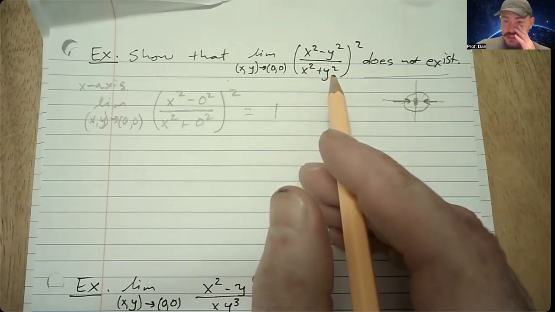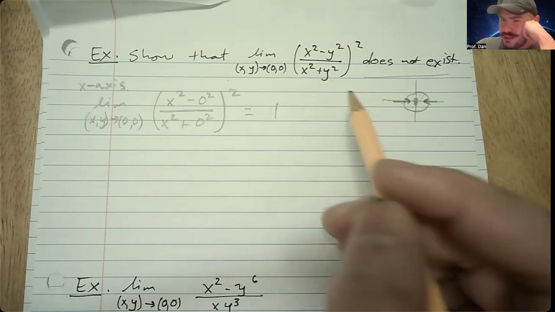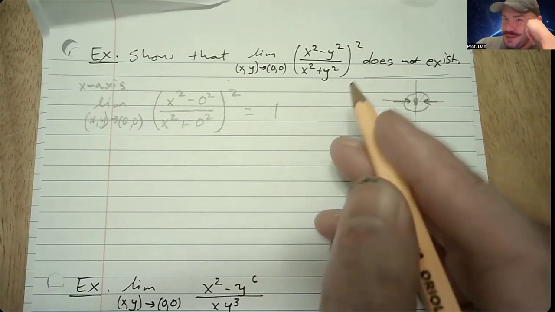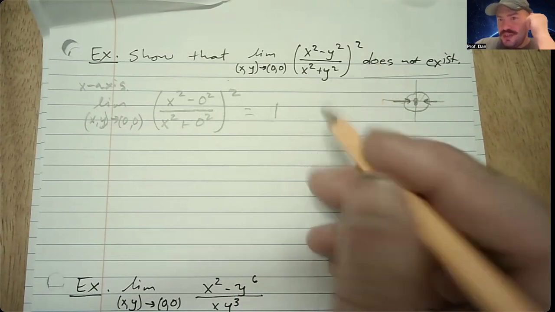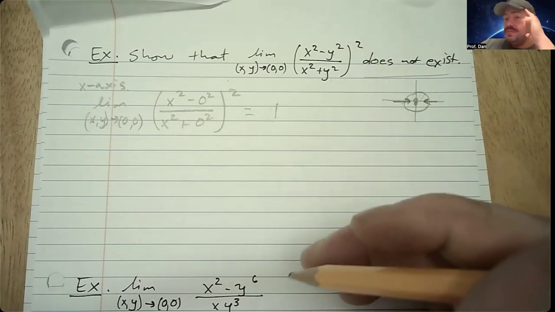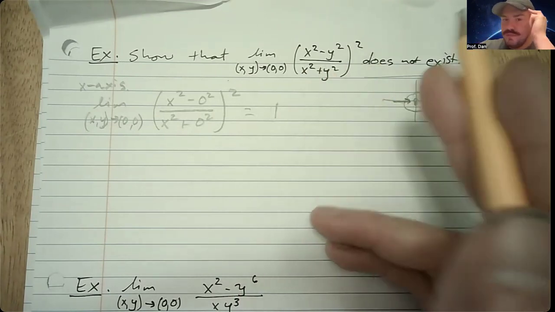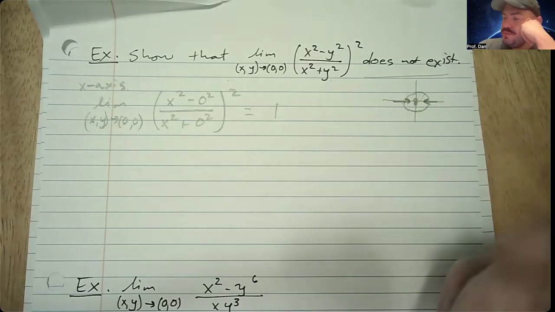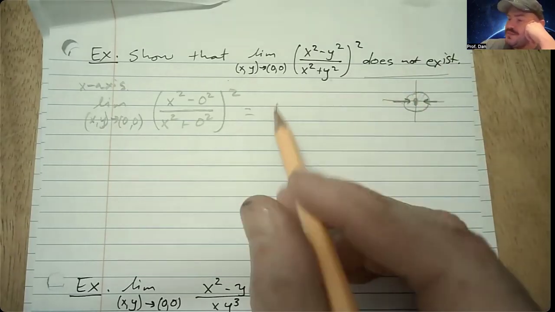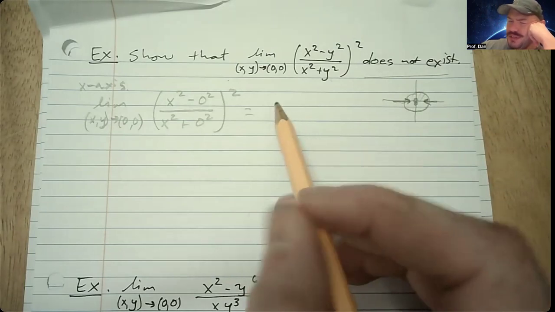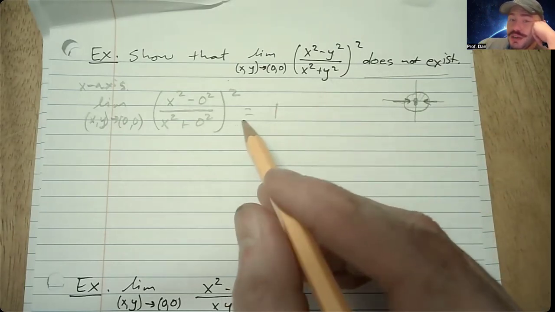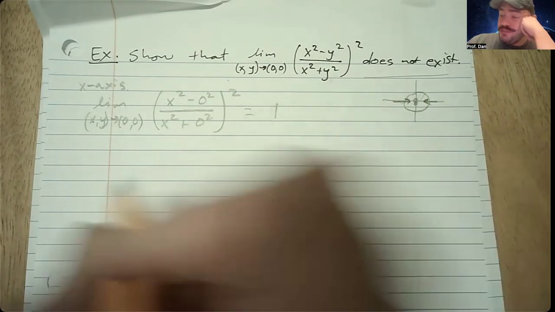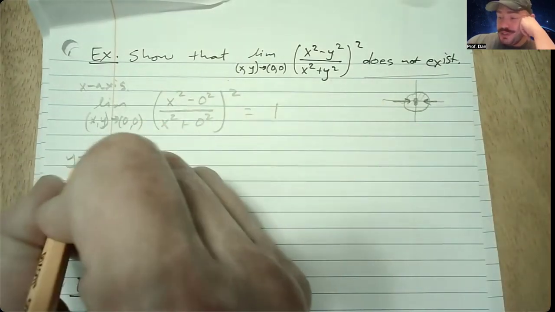That just hasn't shown that it doesn't exist, right? For you to show that the limit does exist, you'd have to use other things, right? Like more algebra or squeeze theorem or all sorts of other possibilities that we really aren't going to touch too much on. So anyway, x-axis is one way that we could do it.